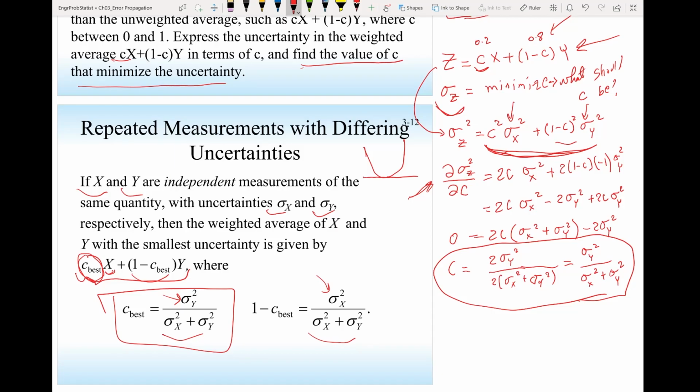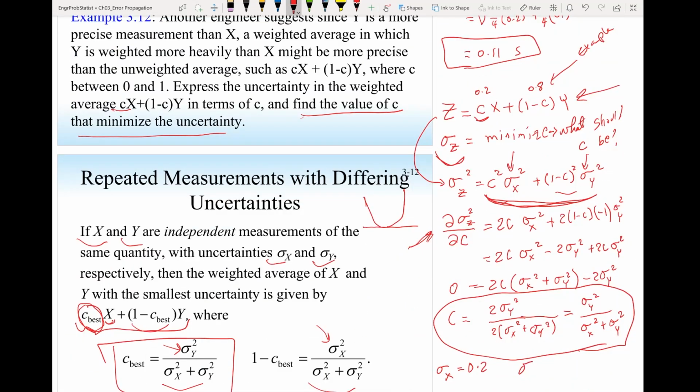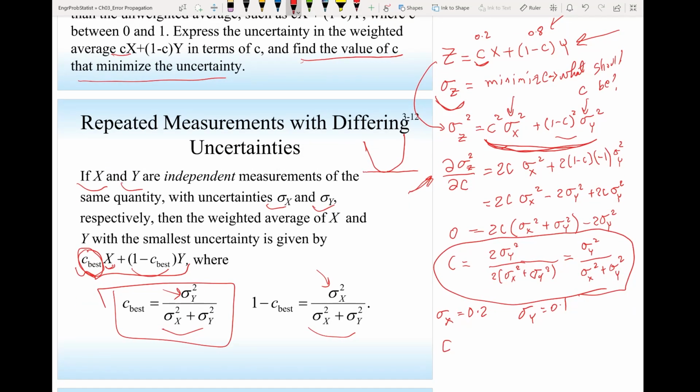So let's go back to this example. We have a clock X. The uncertainty of clock X, sigma X, is 0.2 and sigma Y is 0.1. So in this case, the best value for C, the weighted average that minimizes the uncertainty, is the variance of Y, 0.1 squared, divided by the variance of X, 0.2 squared, plus 0.1 squared, and this value should be 0.2.